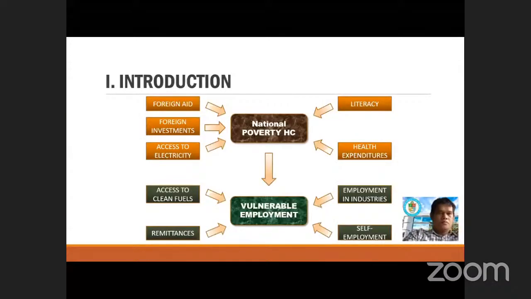Addressing the dual issues of poverty and vulnerable employment requires insights on the factors that drive the dynamic interplay of these two phenomena. The investigation aspires to provide a holistic perspective on how different factors affect poverty and vulnerable employment using a structural equation model, in order to guide policymakers toward effective and focused interventions.